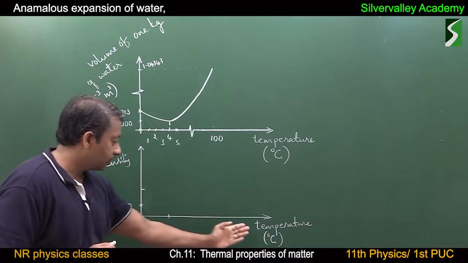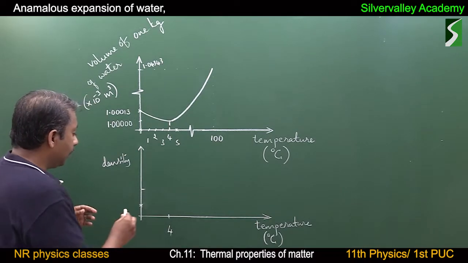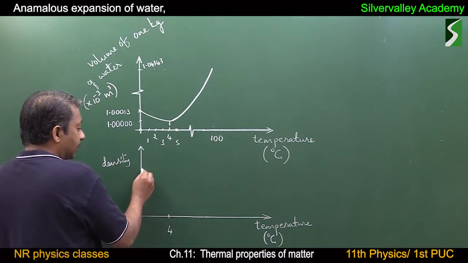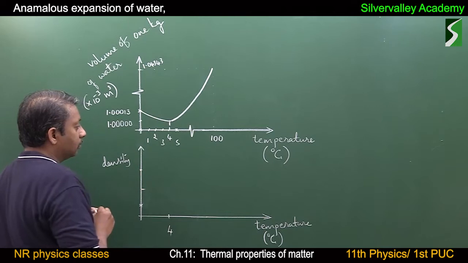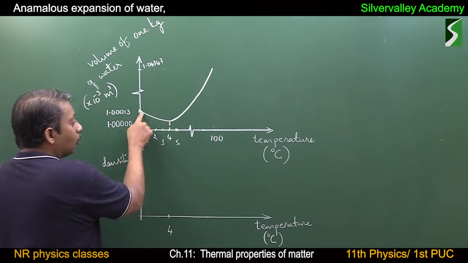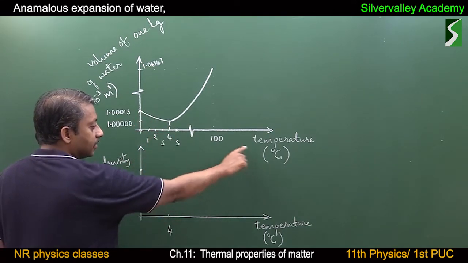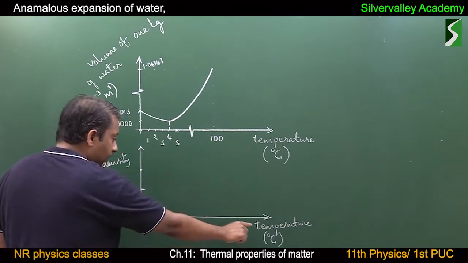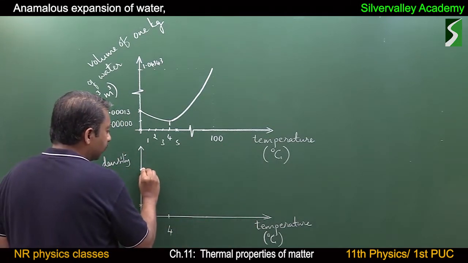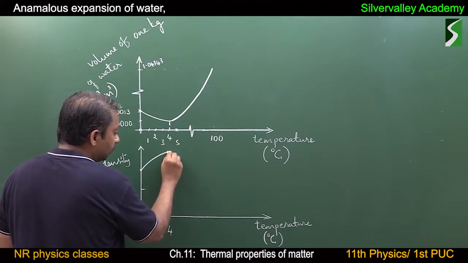Density of water versus temperature. At 0 degree Celsius, water has some density. From 0, volume decreases with the increase in temperature. So with the increase in temperature, density has to increase and then density decreases.